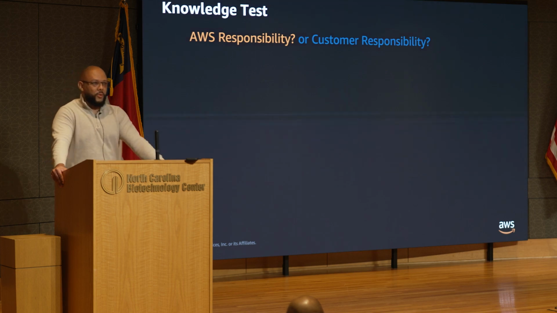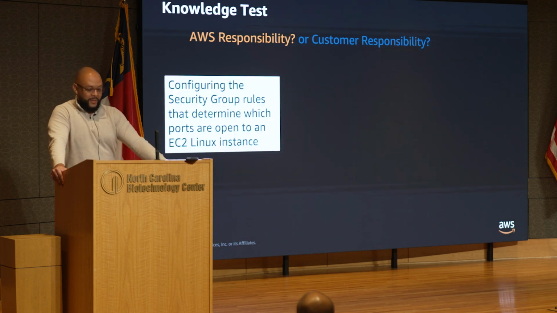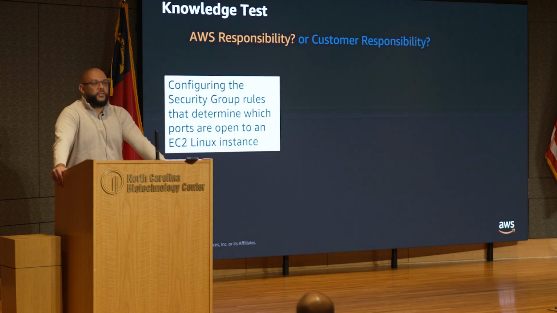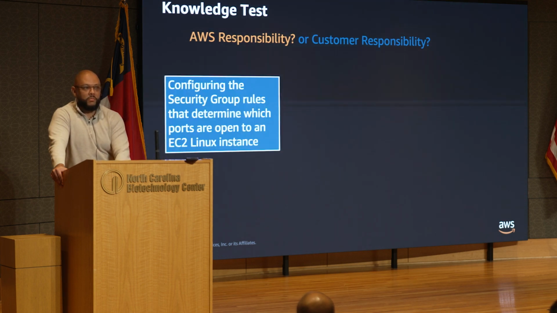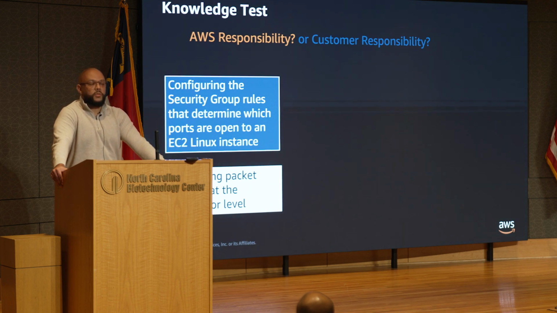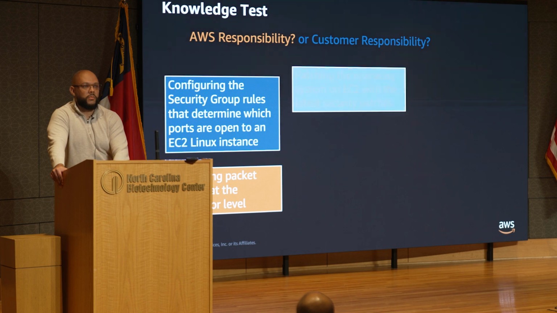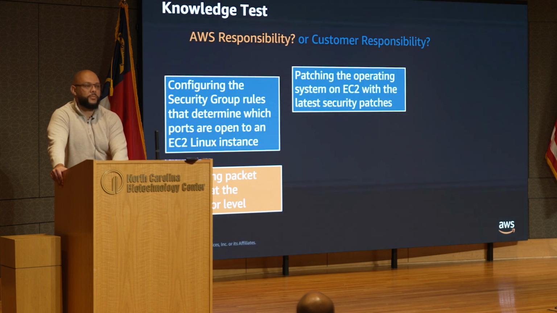So we'll play a quick game. AWS responsibility or customer responsibility? Configuring the security group rules that determine which ports are open to an EC2 Linux instance. Customer. Prevent packet sniffing at the hypervisor level.